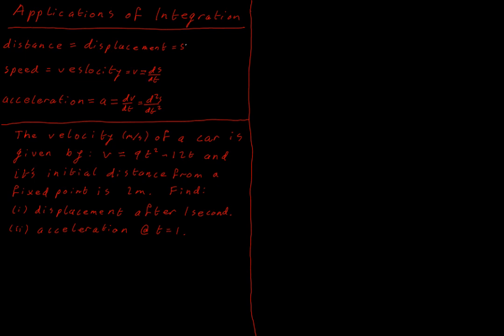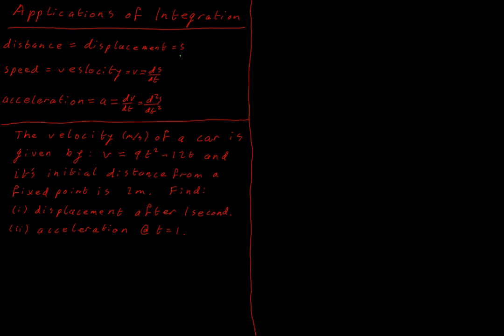So if we had a displacement s, the velocity or the speed would be ds/dt, the displacement relative to time, and the acceleration would be how the velocity is changing in time, or the second derivative of the displacement. So we already know those relationships, and we know that integration is something that effectively undoes or is the opposite of differentiation.